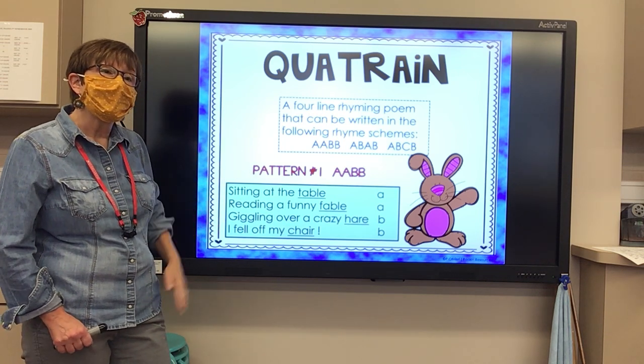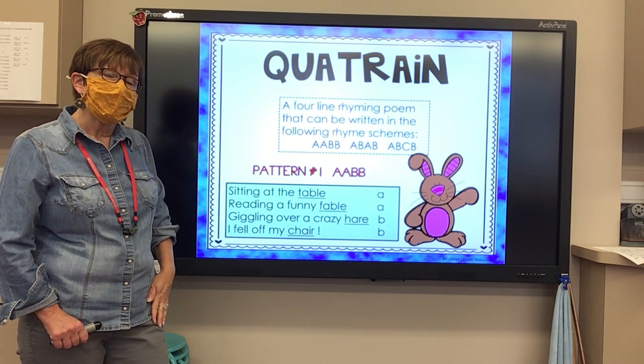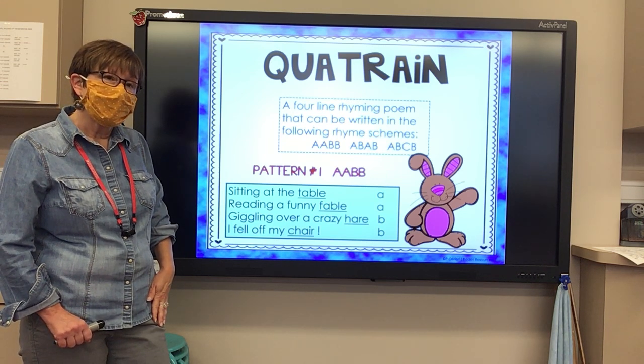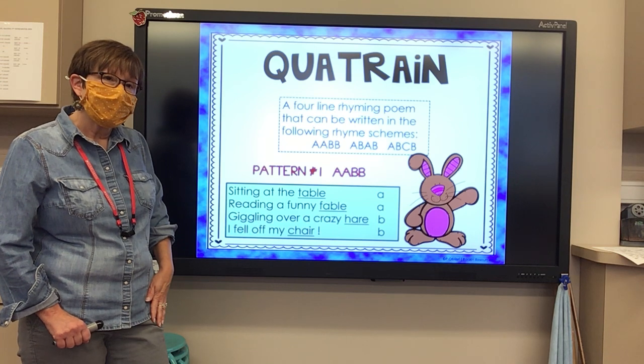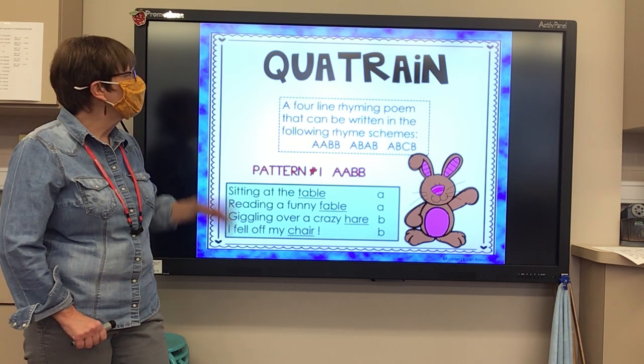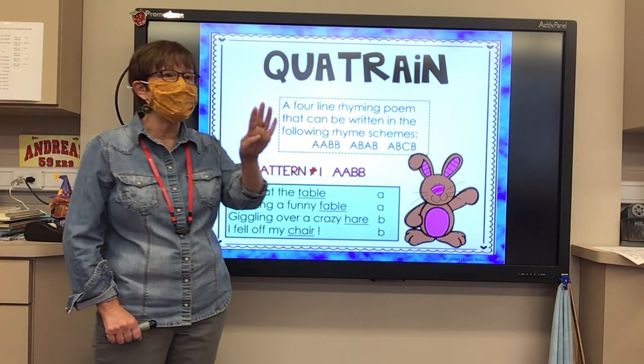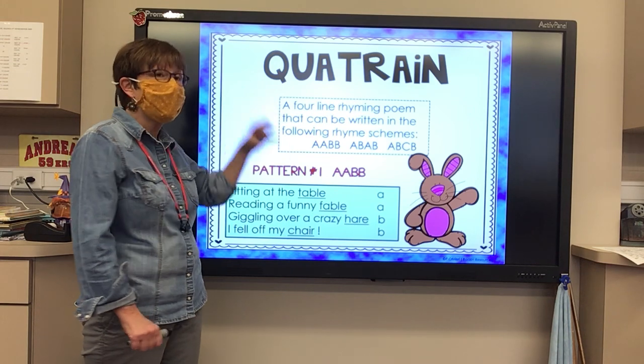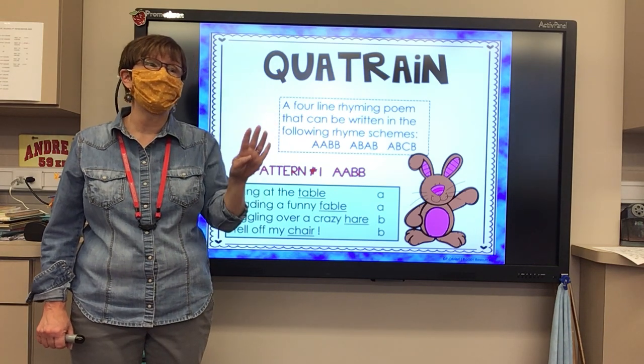Yes? If you were to have a bigger poem, could there be more than 2 rhyming words in the poem, like table, fable, table? Well, in a quatrain, it's only a 4-line rhyming poem, because this particular type of poem always only has 4 lines.